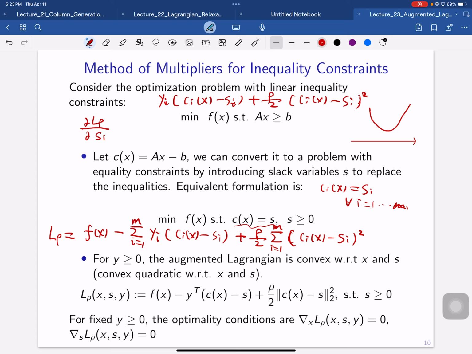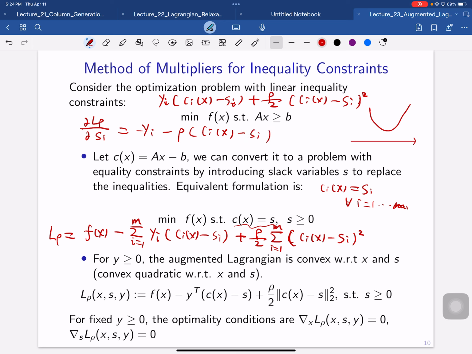So for a quadratic function, you do know how to find the minimum. You have studied that in high school. There is a formula. Actually, you can take the partial derivative of this with respect to si and set it equal to 0. That will be minus yi, minus rho times ci of x minus si.